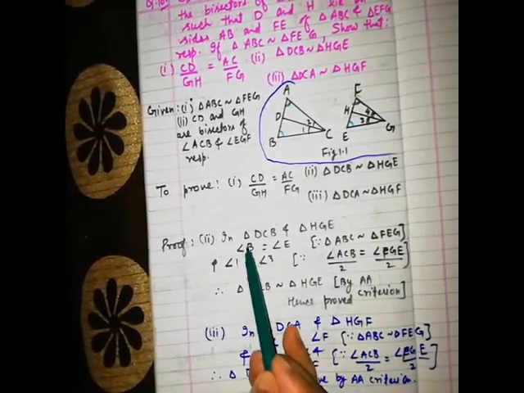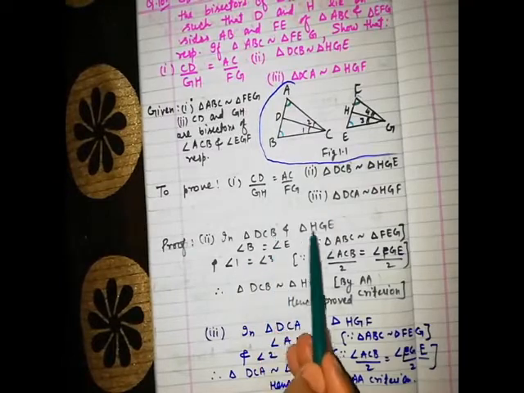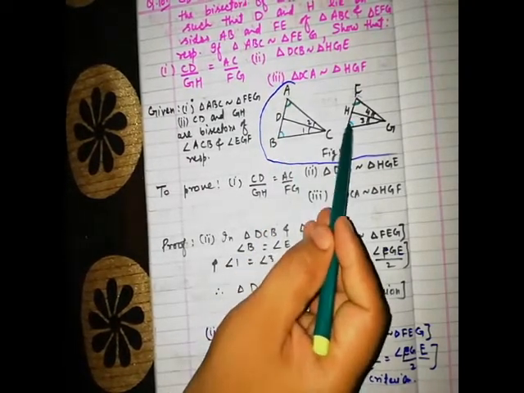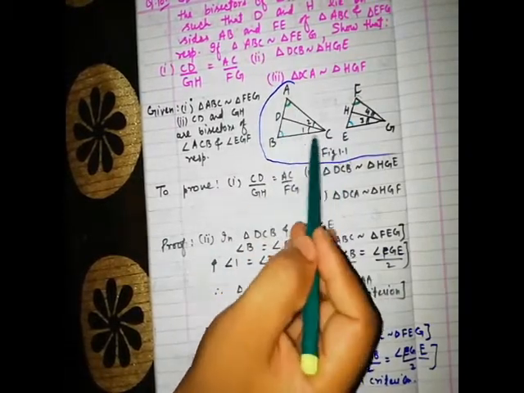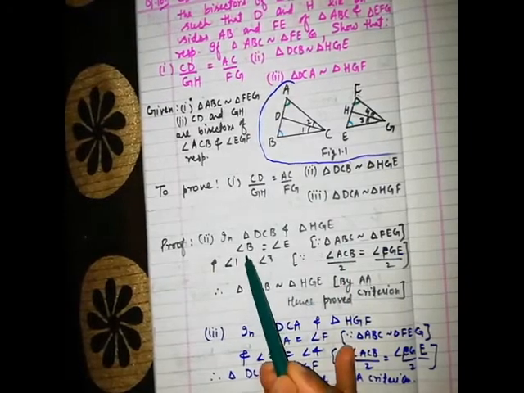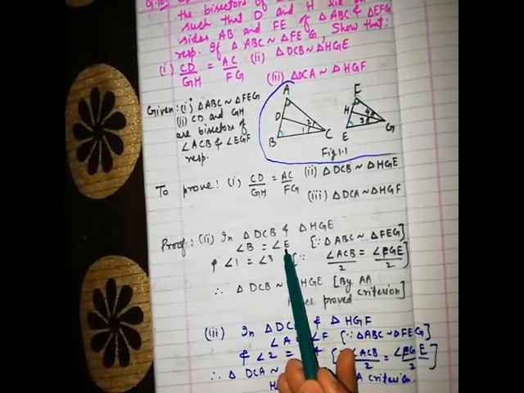Here angle B and angle E are equal, because these triangles ABC and FEG are similar. So angles of a similar triangle are equal.